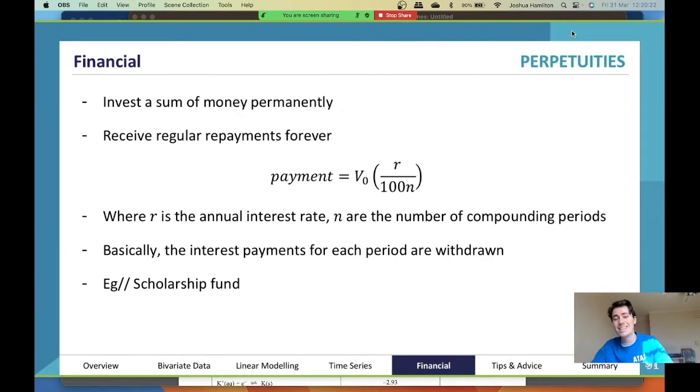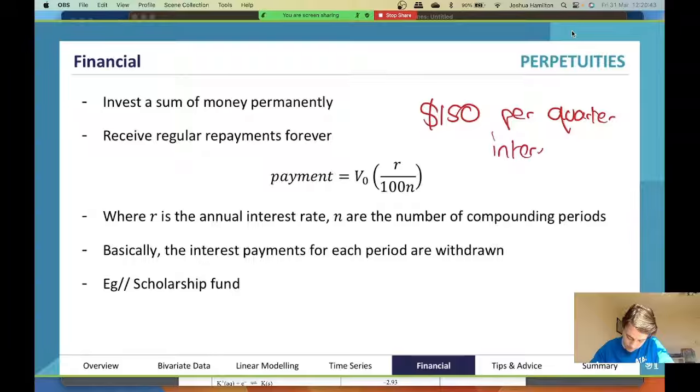A perpetuity is different to that in the sense that the money that is earned as interest comes out, but the principal stays the same. So if you earn, let's just say, $150 per quarter in interest on this account, your withdrawal is $150 per quarter.